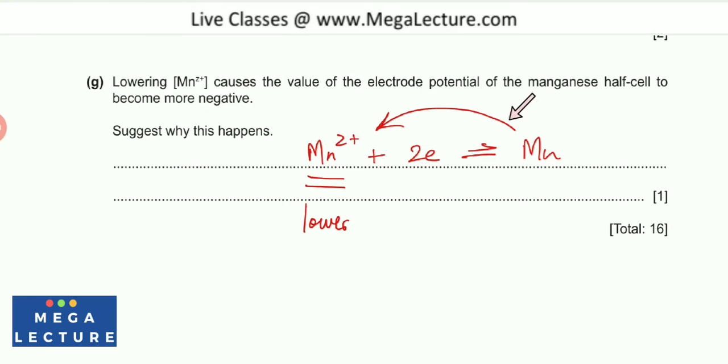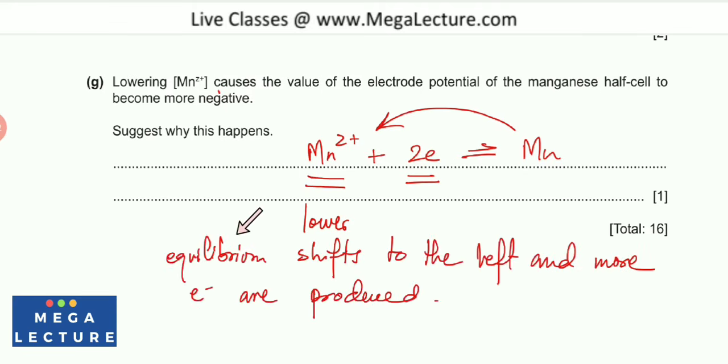So the equilibrium would shift in the backward direction, and if it shifts in the backward direction, more electrons are produced, which means that the potential would become more negative. So equilibrium shifts to the left and more electrons are produced. So that is the answer to this question. And that pretty much completes the 16 mark first question of this paper, summer 19 question paper 5-1.